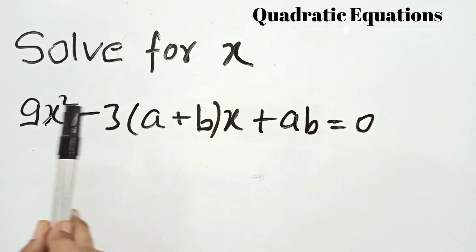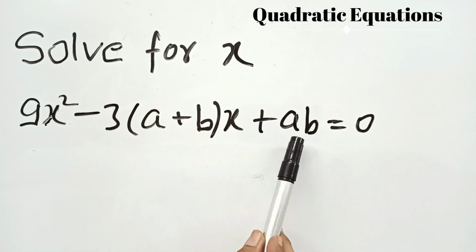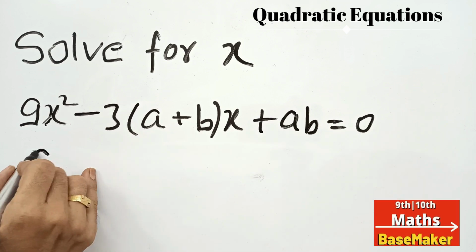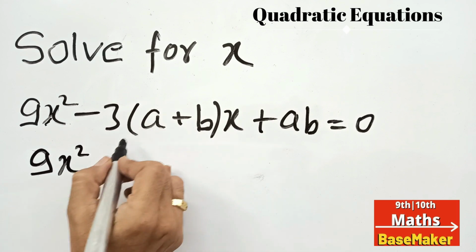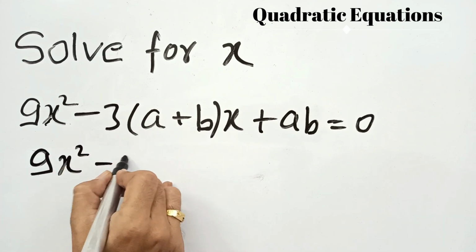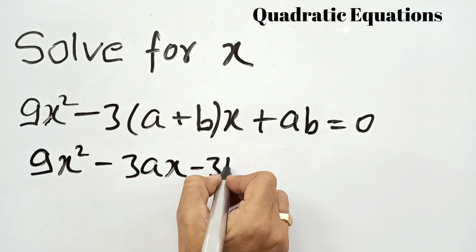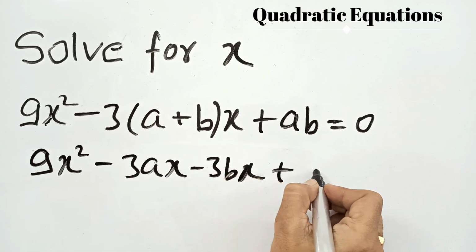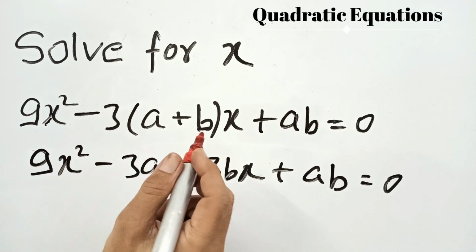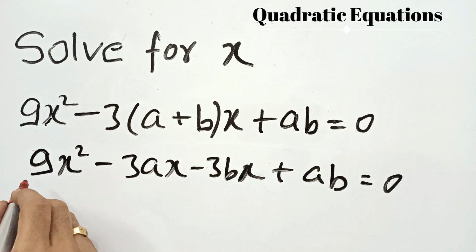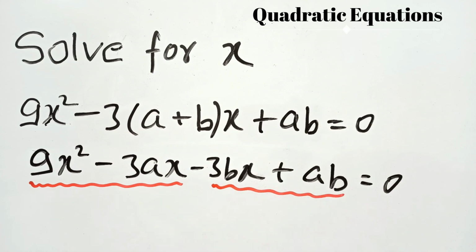Solve for x in the given quadratic equation 9x square minus 3a plus bx plus ab is equal to 0. For solving this one, let us multiply 3 and x inside: minus 3ax minus 3bx plus ab is equal to 0. To solve the quadratic equation, you practice making pairs. So this is the first pair, this is the second pair.